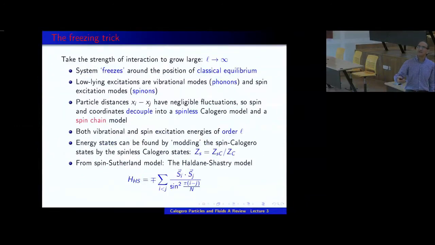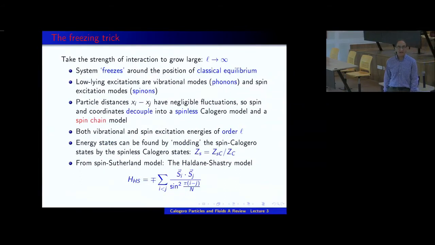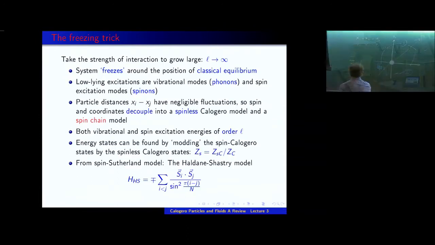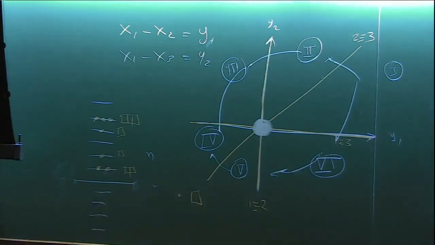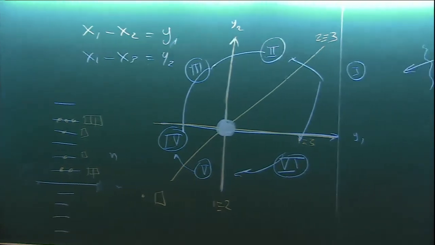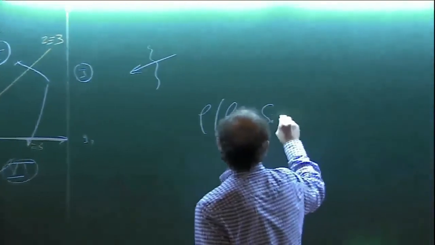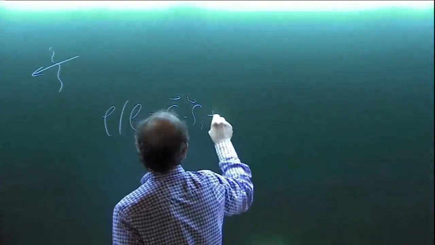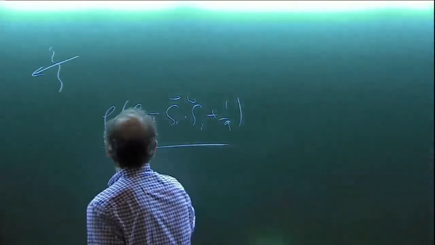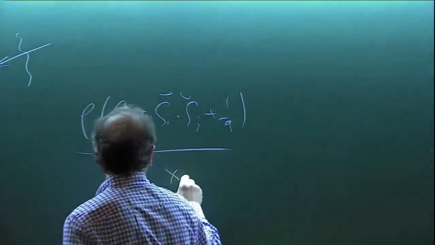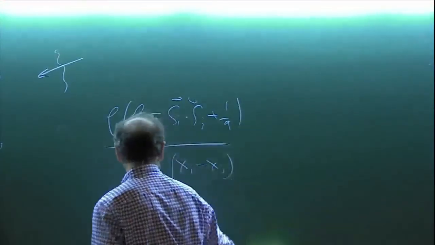Now we say that we can solve it for any coupling constant L. So why don't we take the coupling constant L going to infinity? And just so that I don't keep pointing at stuff, it's L times (L minus or plus S_i dot S_j), roughly speaking, plus 1 over sine square (x_i minus x_j).